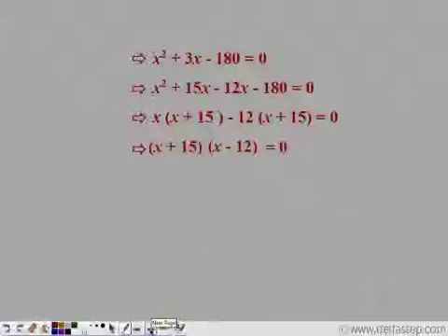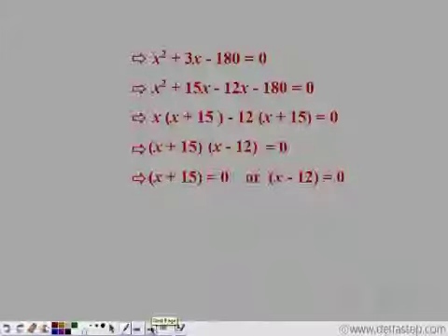Now when the product of two terms is 0, then either of them should be 0. So from here, either x plus 15 equal to 0 or x minus 12 equal to 0.